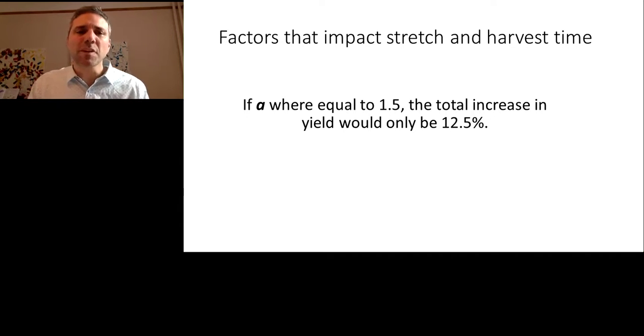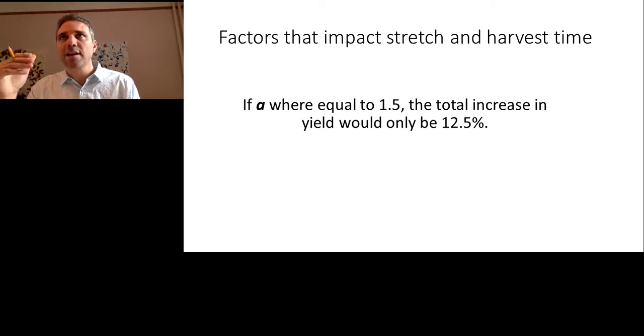So the first thing is, take this example. In the last example, we used kind of an extreme case where the flowering plant at peak size was 3 times larger than the vegging plant at peak size.